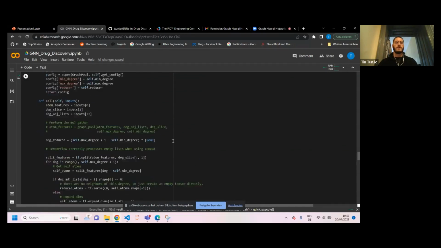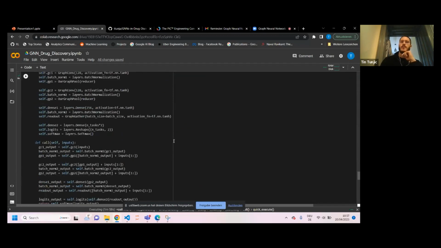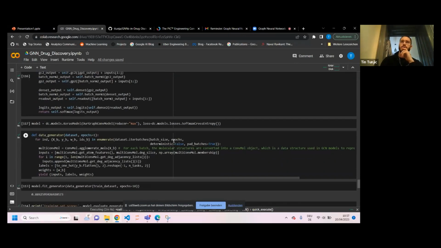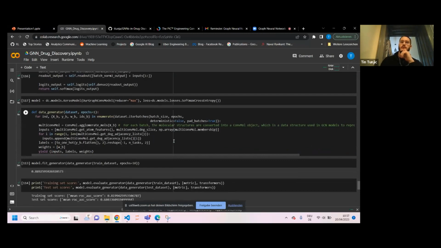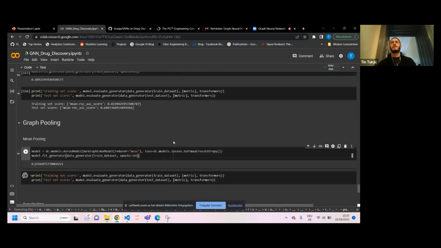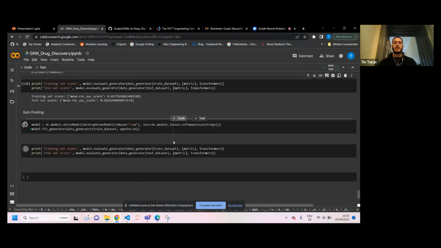I can also say that in many cases, for molecules, graph convolutional networks are not the only networks that we use to predict the properties. Many of the other most common networks are the graph attention network, called the GAT, the graph attention transformer, and the message passing neural network.